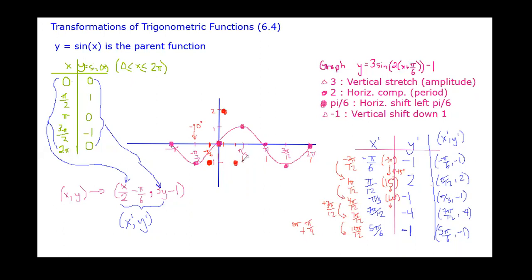Okay. This is looking weirder and weirder. Now we're going to 7 pi by 12, which is just over 6 pi by 12, so it should be just past pi by 2. Okay, it'd be 105 degrees. So it's going to be something like here. It says we go all the way down to negative 4. So way down here would be negative 4, something like that.